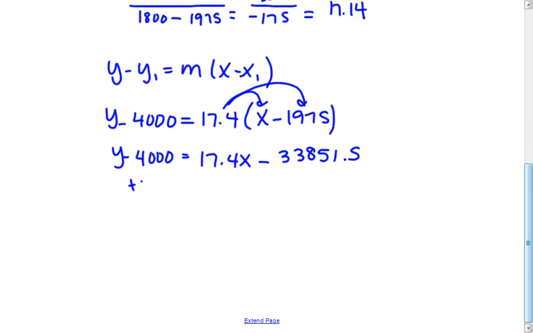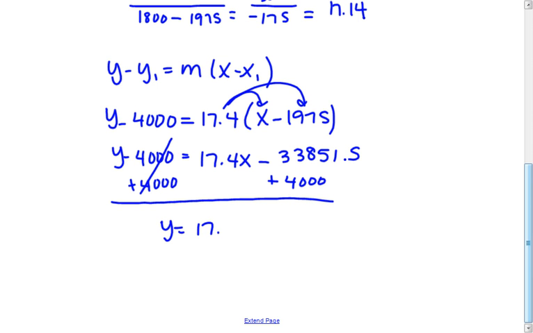And then I will add 4,000 to it. These are not pretty numbers at all, I know that. And I'll get 17.14x, negative 33,851.5 plus 4,000 is negative 29,851.5 about. Okay, so there's our equation.